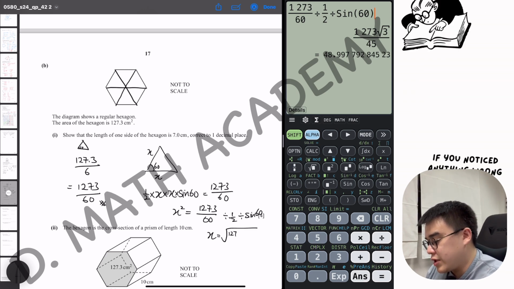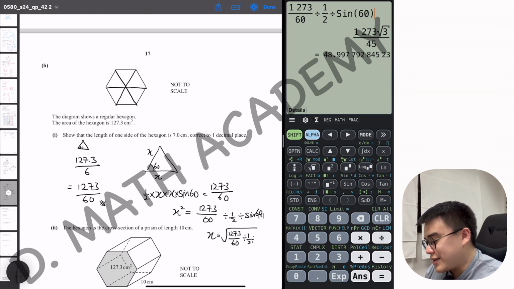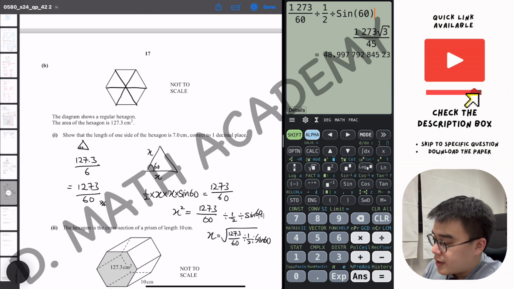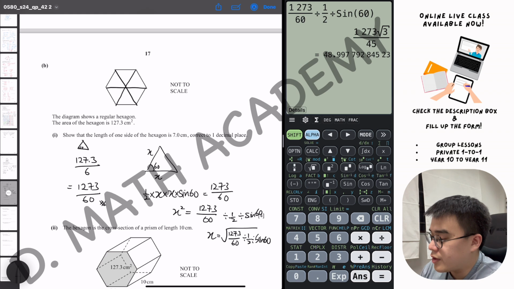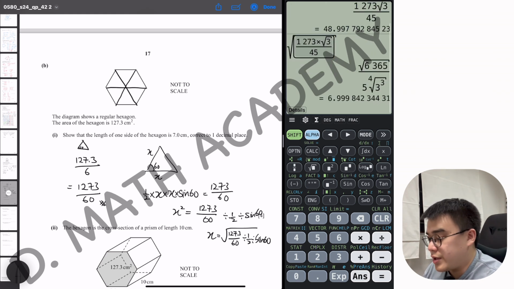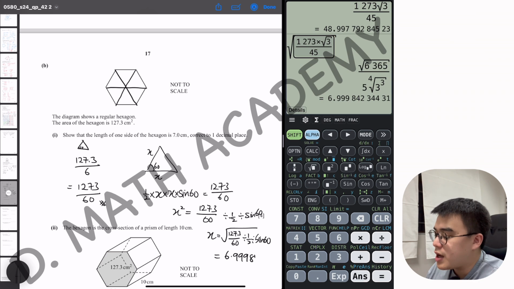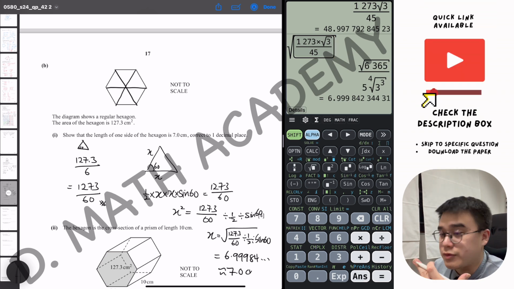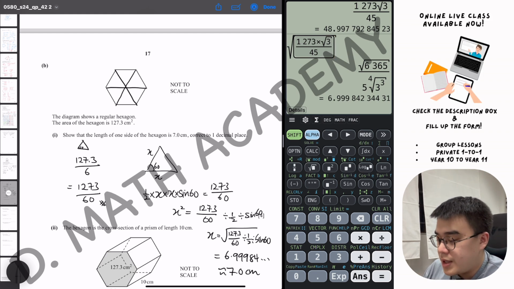Okay, I'm too lazy to rewrite everything, so I'm going to write it down like this, having a sine 60 over here. Okay, square root answer should be the way to go. So we did manage to prove that it was 6.99984 and so on, which is approximately 7.0 centimeters if we round it to 1 decimal place. Okay, that's it for B.